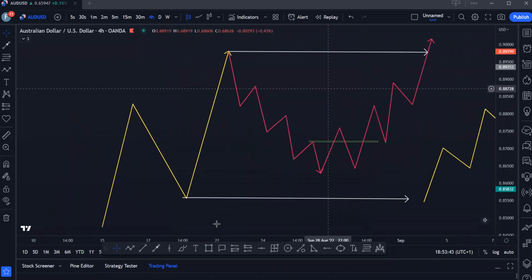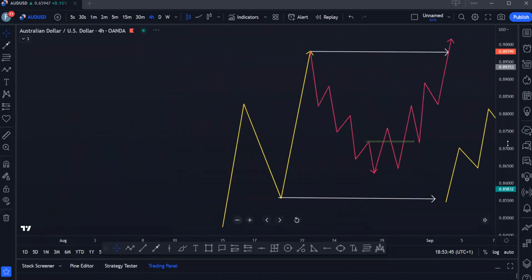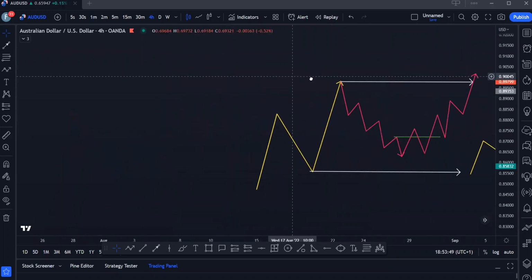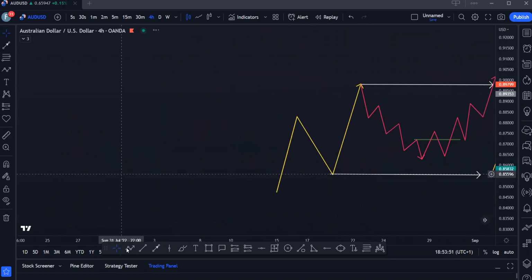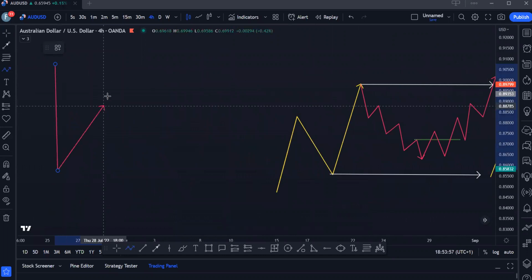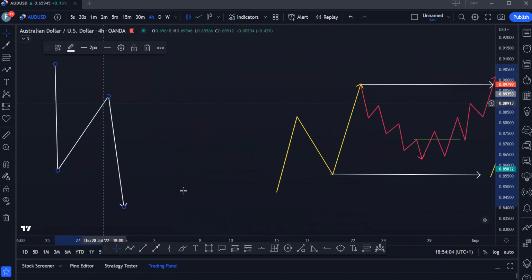All right. Let's look at minor structure in a bearish major structure, like so. So we have major structure, impulse, correction, and impulse. Okay.